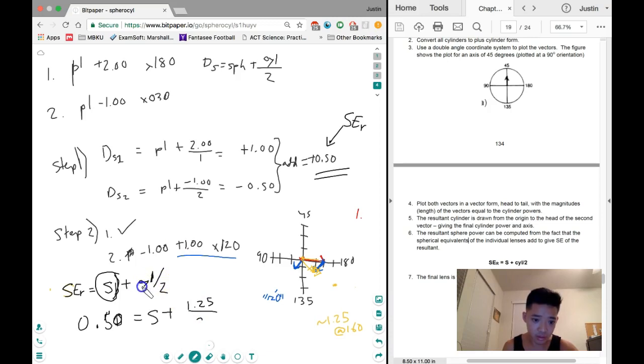Again, this cyl comes from what we calculated in step number 5. Okay, so then doing some math here, you get S equals, that's your sphere. This is already your cyl, and you have your axis already.